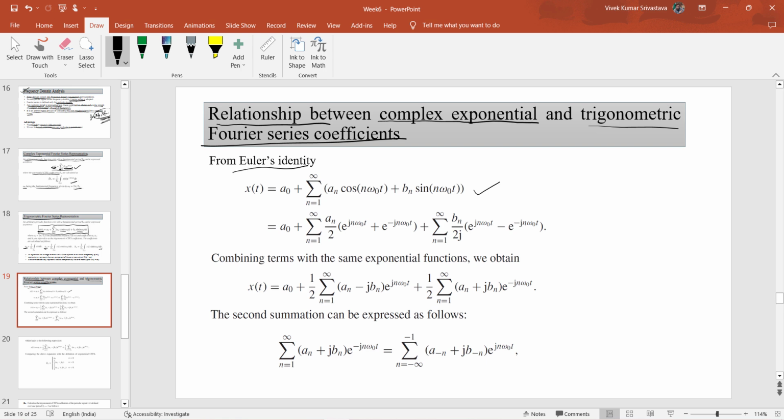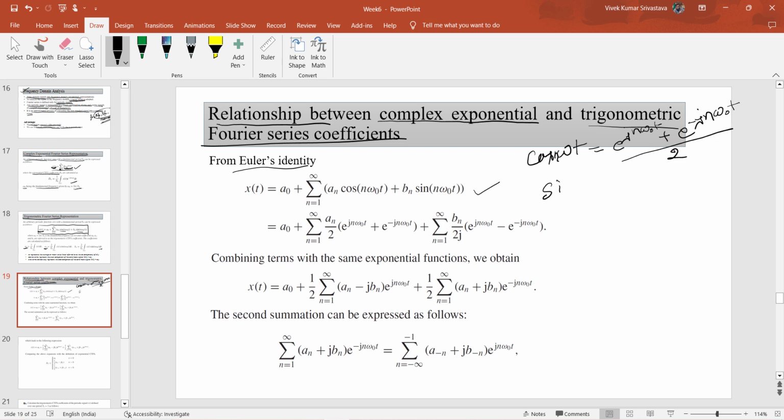So we know from Euler's identity cos of n omega naught t is written as e raised to the power j n omega naught t plus e raised to the power minus j n omega naught t, over 2.